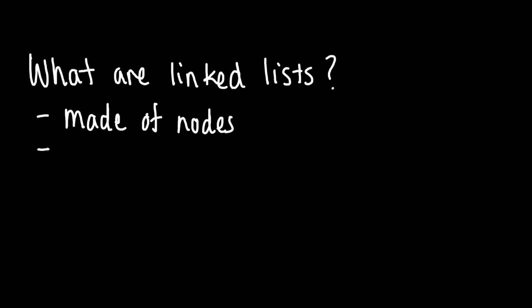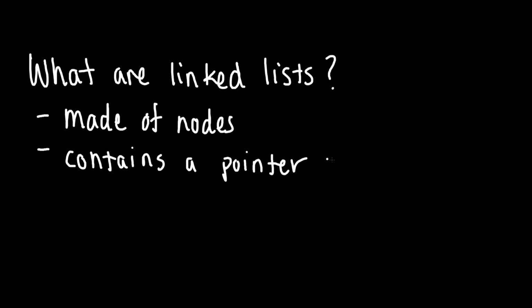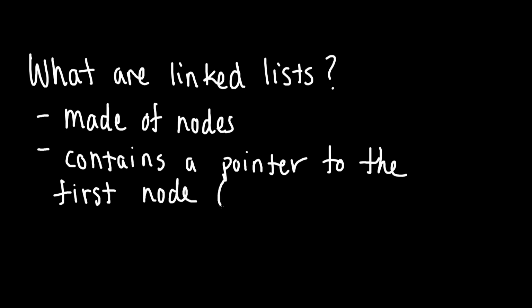Second of all, something important that a linked list must have is it must contain a pointer to the first node in the list. And this is called the head node. So I can write this down here and say contains a pointer to the first node. And then I'll just put in brackets head.